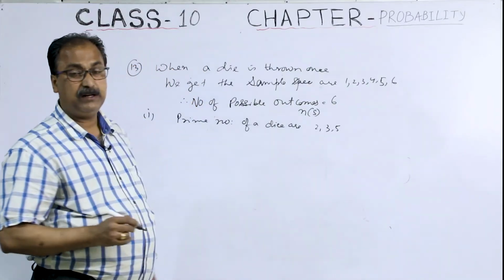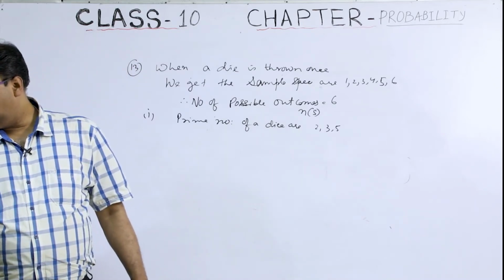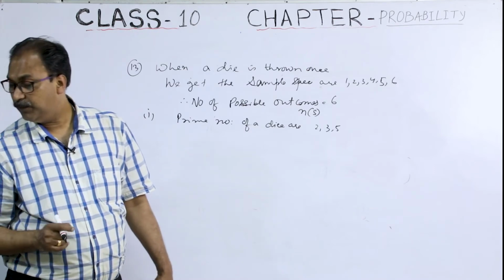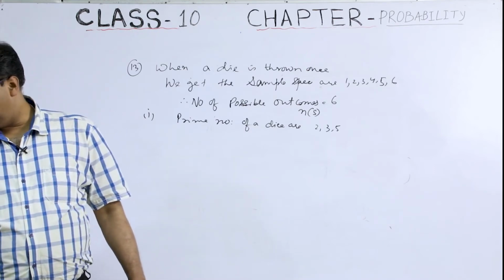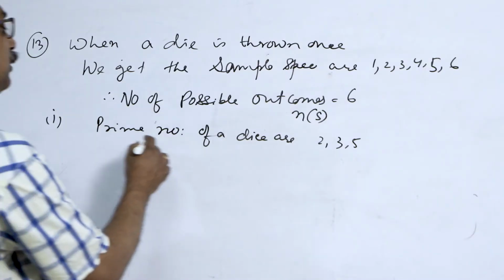Only these are numbers which are divisible only by the number itself. So 2, 3, 5, isn't it? So the total prime numbers on the die are 3. Yes or no?